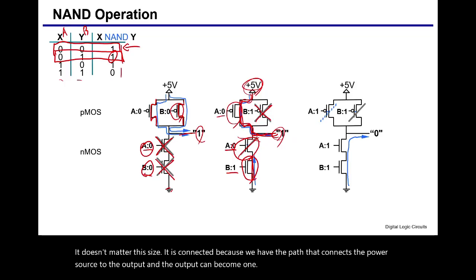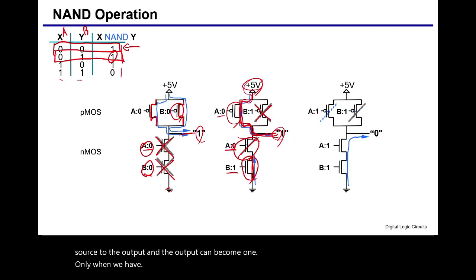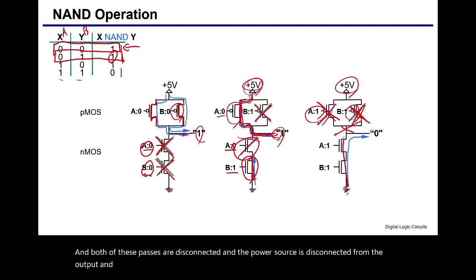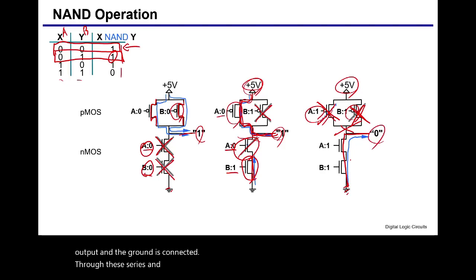Only when we have 1s in both inputs, this part and this part are connected, and both of these paths are disconnected, and the power source is disconnected from the output, and the ground is connected through this series of NMOS devices, and the output becomes 0.